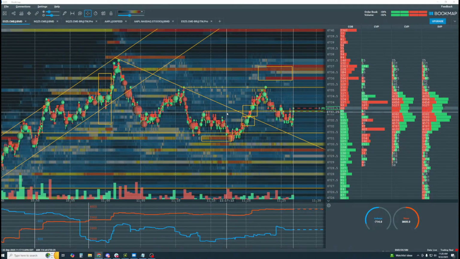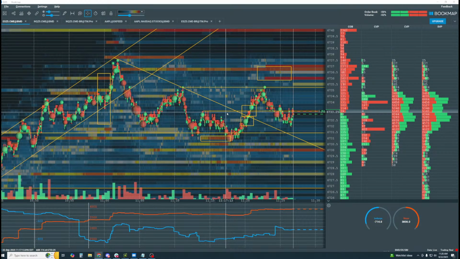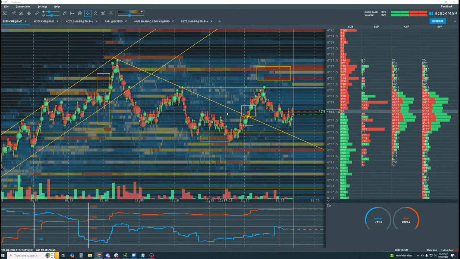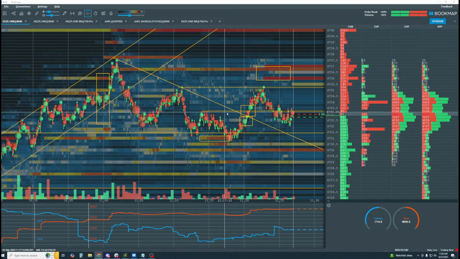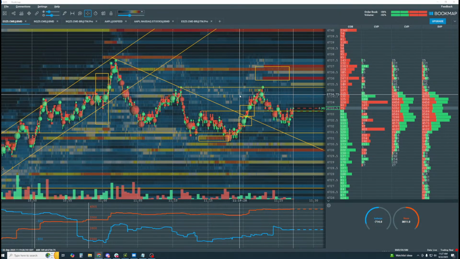Once you really start to see and understand the dynamic between these four elements of the passive liquidity filled, the key levels, the aggressors, and then the structure break, then you can see it on all sorts of time frames.